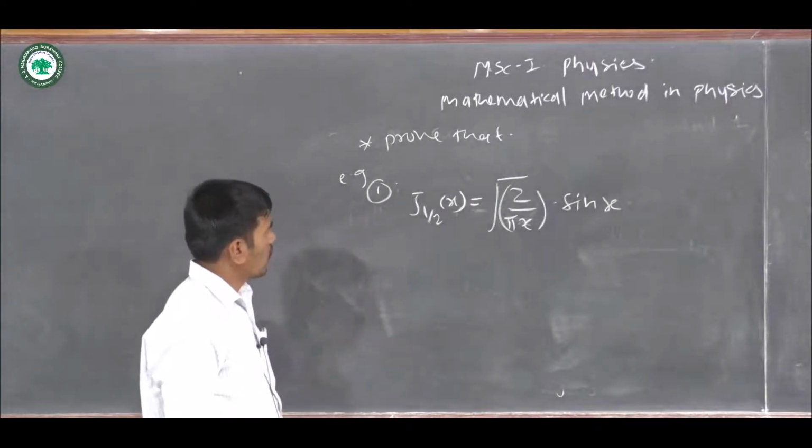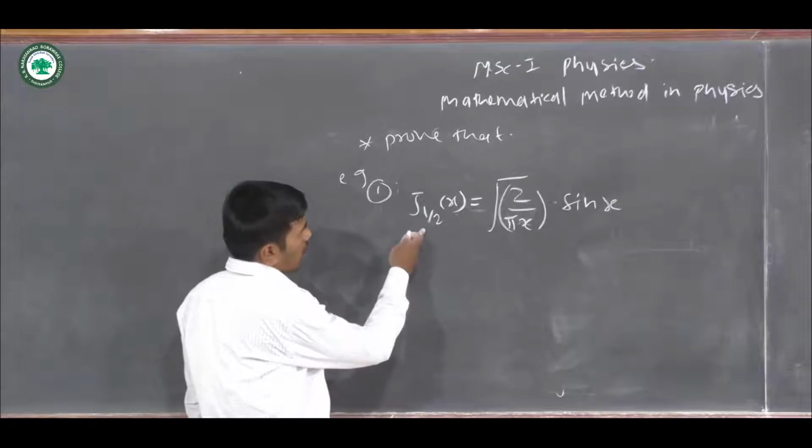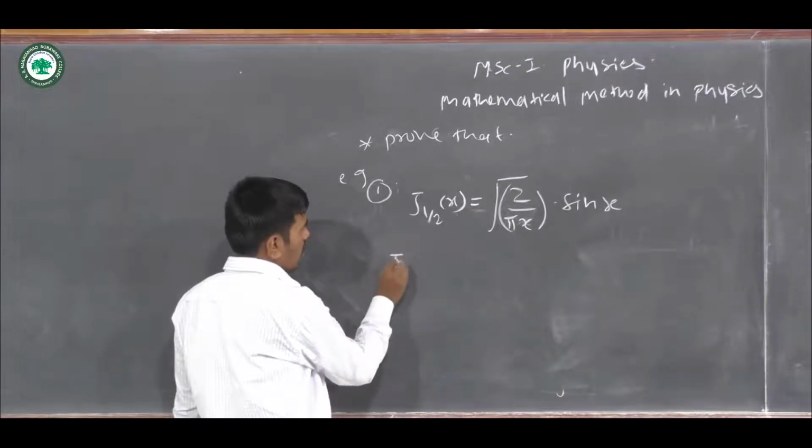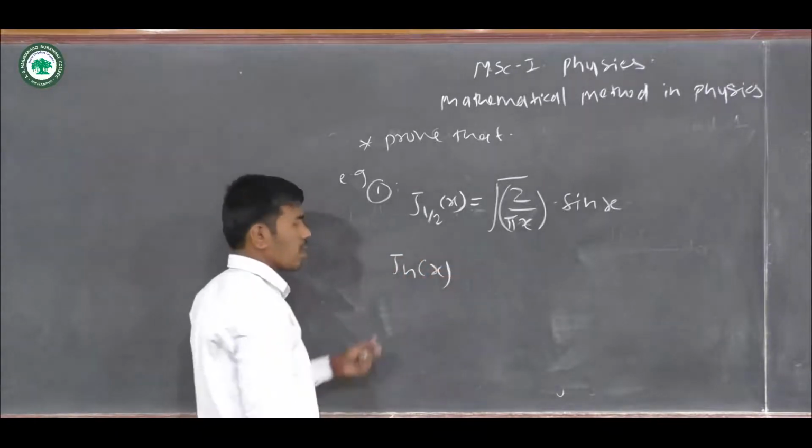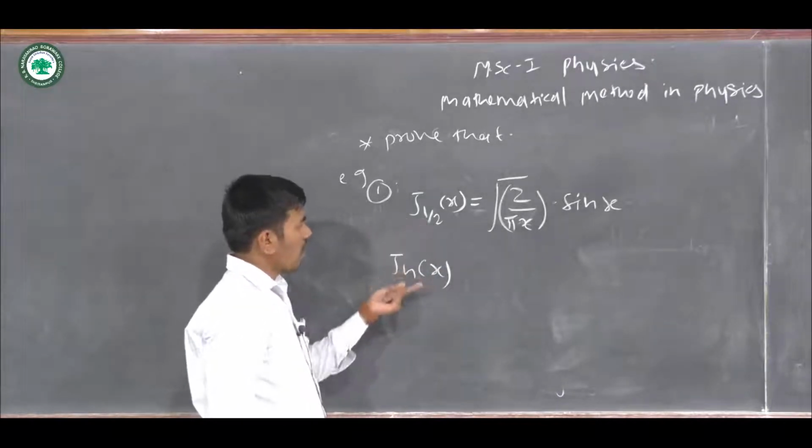So first I consider the left hand side, that is J n of x, in the general expression. Here n is given as a half.